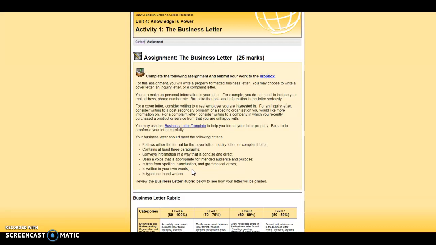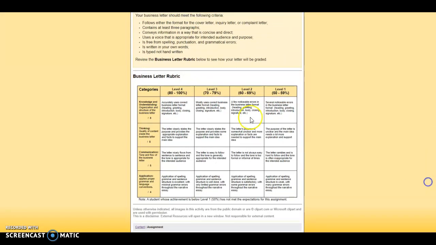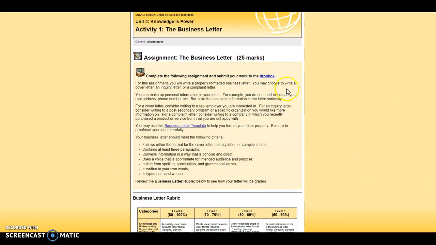It has to be written in your own words. And I mean, you've been typing all of your assignments in this course, but particularly when you write a letter, you want to make sure it's typed and not handwritten. Lastly, you've got your rubric down here on how the letter will be graded. And as always, you've got your Dropbox right here. If you have any questions, please let me know.